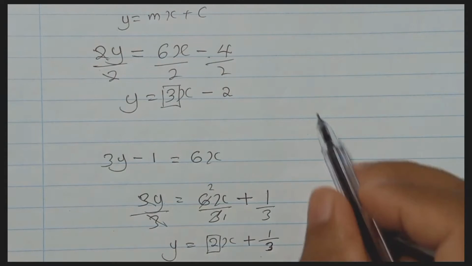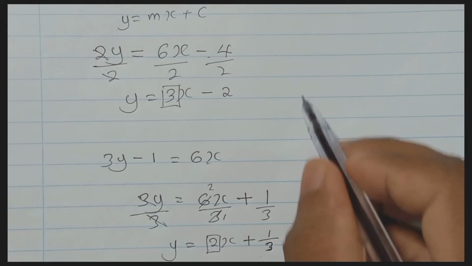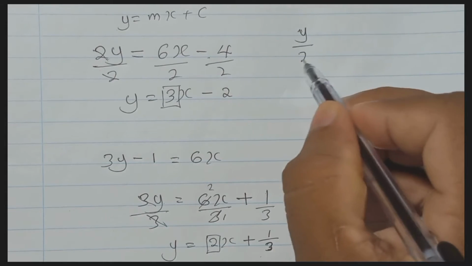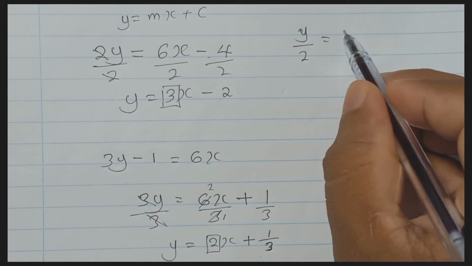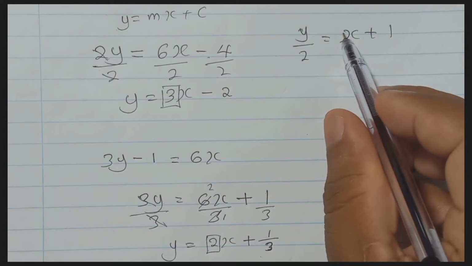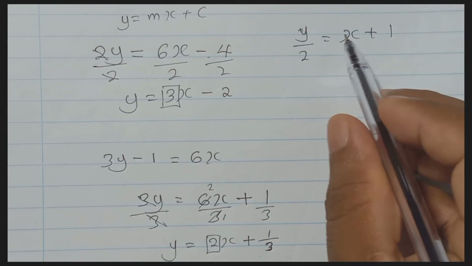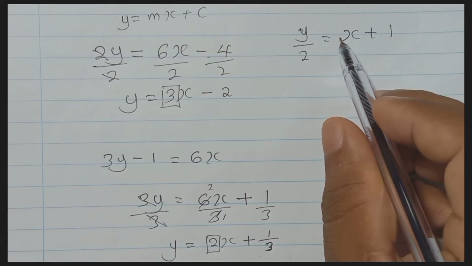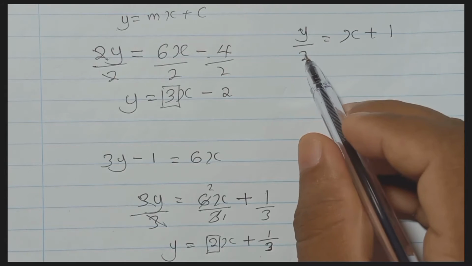Now I will show you another example. Think like this: if you have y over 2 equals x plus 1. Here the coefficient of x is 1, but if someone thought 1 is the gradient, it's wrong. You need to make only y the subject.